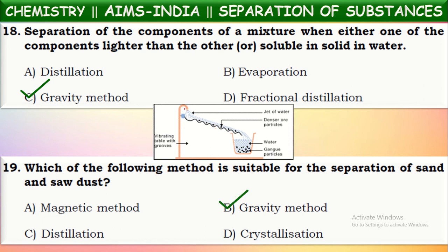If we pour the mixture of sand and sawdust here along with the water, sand will be stuck in this crust, whereas sawdust will flow along with the water down and be collected here. That can be separated by using filtration again. So in this way, heavier material and lighter weight material can be separated by a technique called the gravity method.